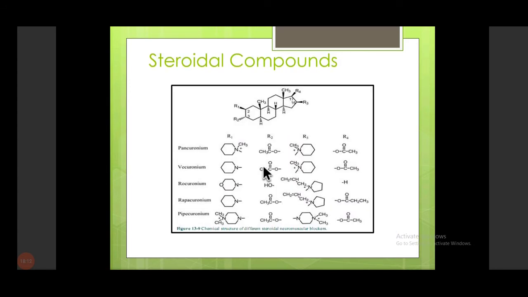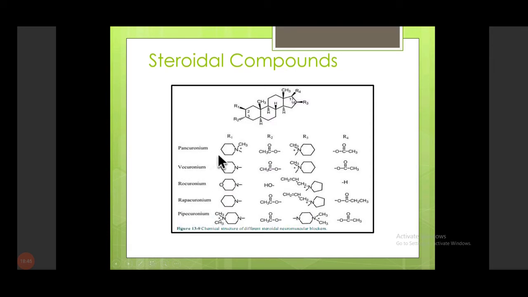Now, a brief about the steroidal compounds. Why is it important? As you go through your textbook after the discussion, you will understand that steroidal compounds are the ones which have the steroid nucleus as the skeleton. Permutation combinations at various R positions lead to the development of various steroidal neuromuscular blockers.